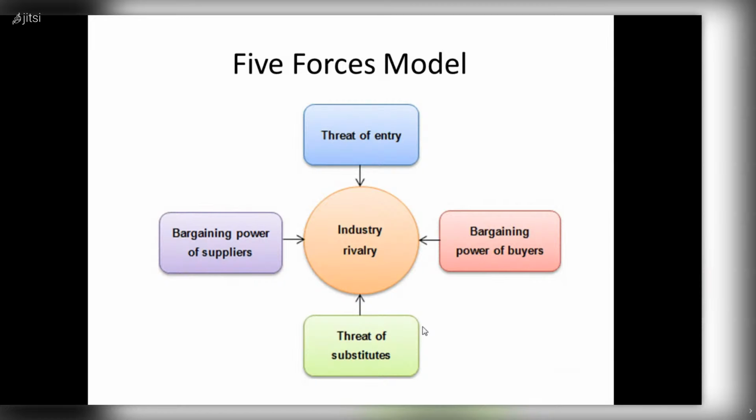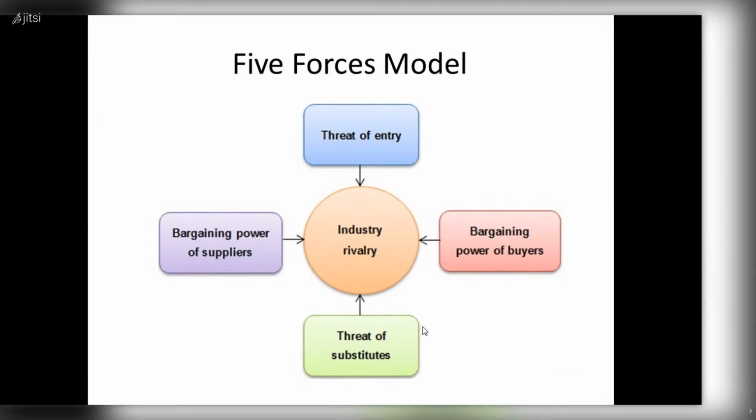So what you are observing on the screen, these forces determine an industry structure and the level of competition in that industry. The stronger the competitive forces in the industry, the less profitable it is.